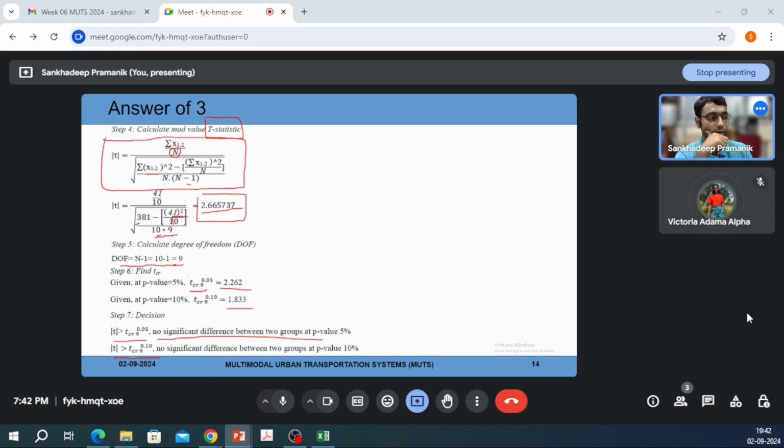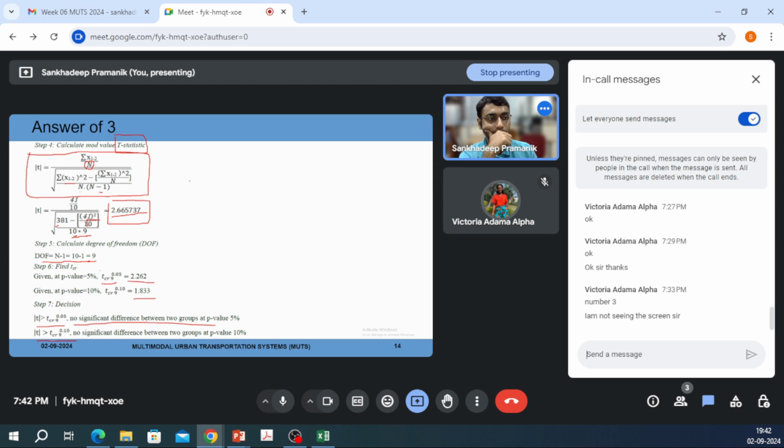So we need to calculate this t statistic and compare it.